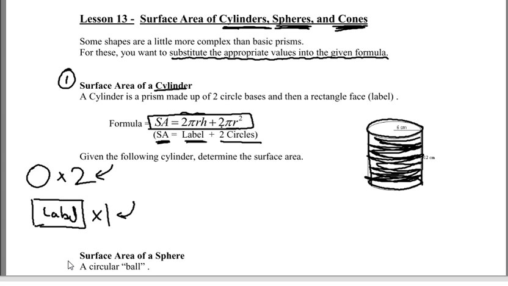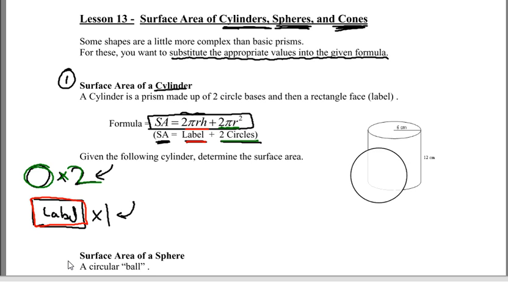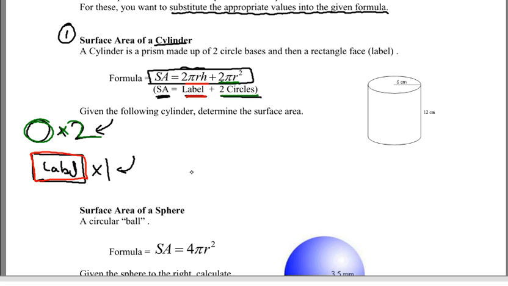The 2 pi rh represents that rectangular face, whereas the 2 pi r squared represents the circles, pi r squared, but we do have 2 of them. So 2 pi rh, the rectangular label, and 2 pi r squared, the 2 circles. Knowing what the variables represent, all you have to do is substitute in and solve.